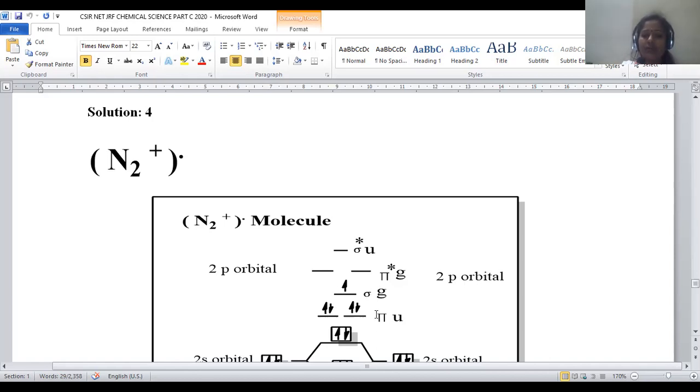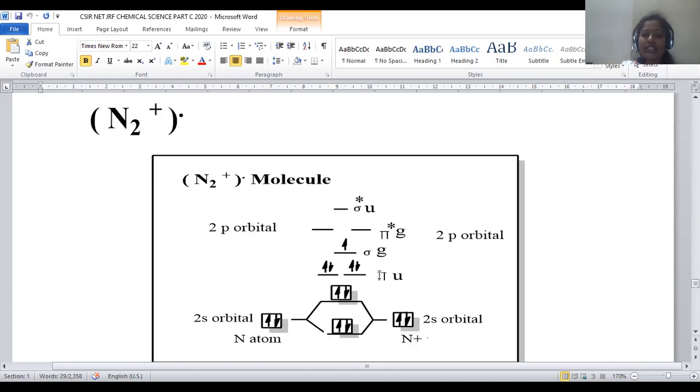When we consider oxygen molecule formation, these pi ungerade orbitals will come up and the sigma gerade orbital will come down. So this N2 positive comes under less than half filled. That's the reason why the arrangement of orbitals will be in this manner only, right? Pi 2px, pi 2py orbitals will be laying down and the sigma bonding orbital will be laying up. So this is about the orbital representation, and filling of electrons will be in this manner.